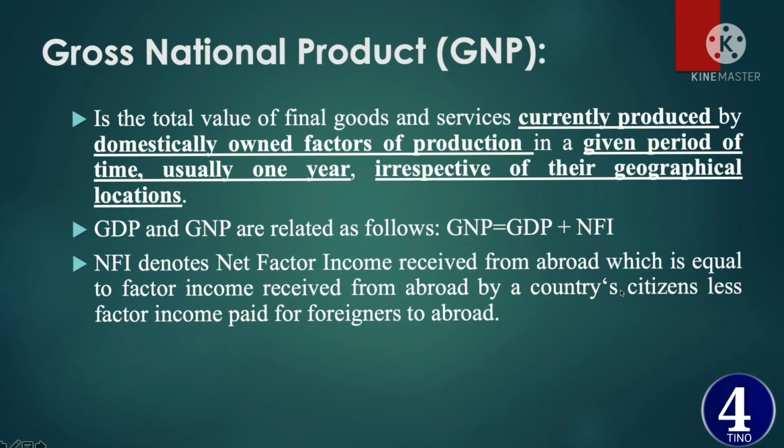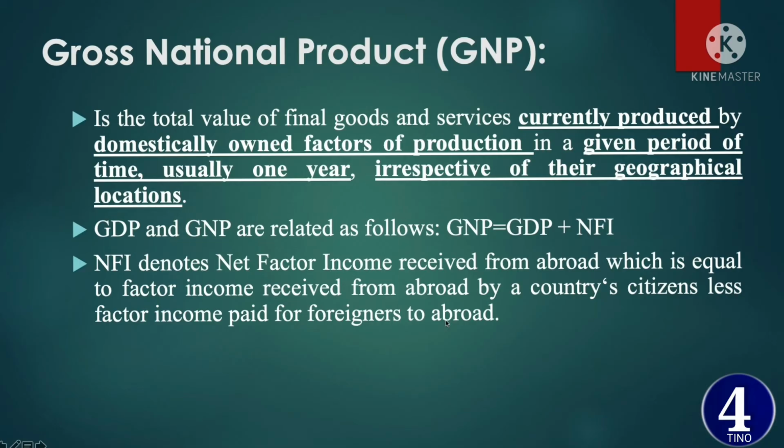Okay, if we are country red, we will count the factor income or the output produced by our citizens in country blue, minus, less, factor income paid or the output produced by foreigners in our country, which is country red.